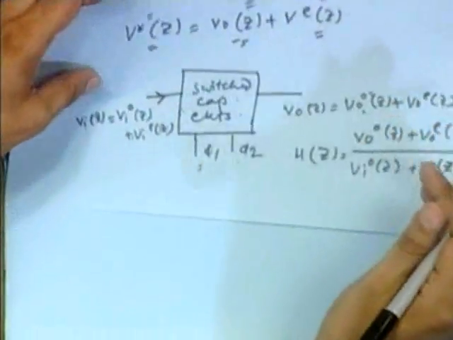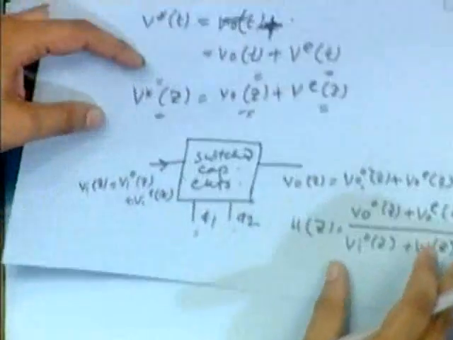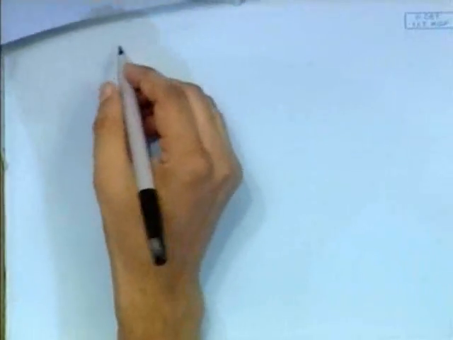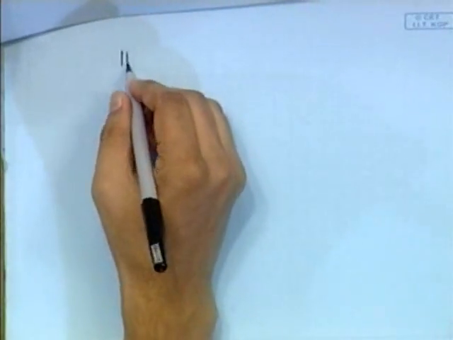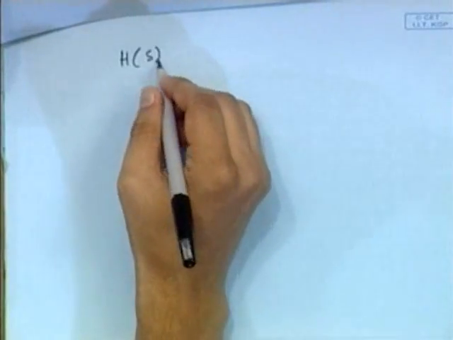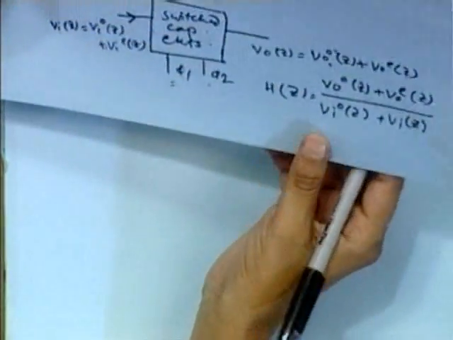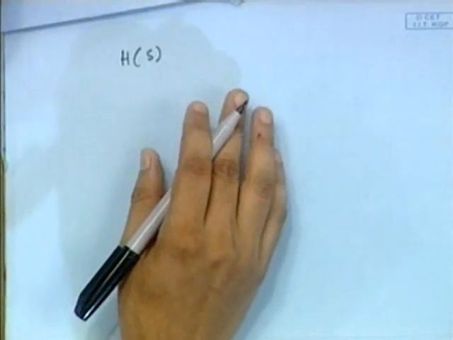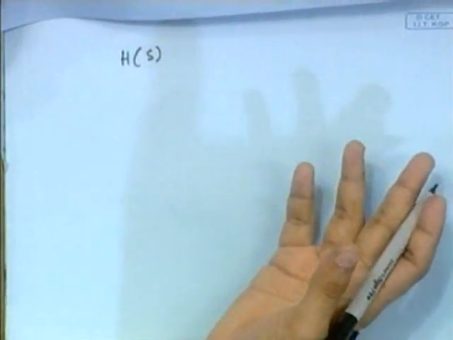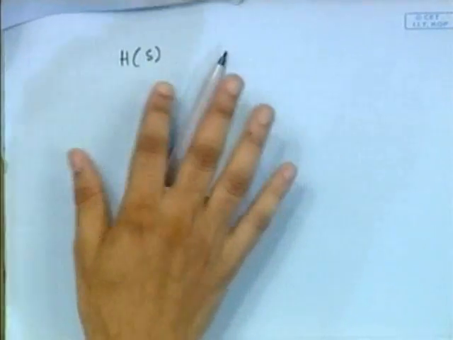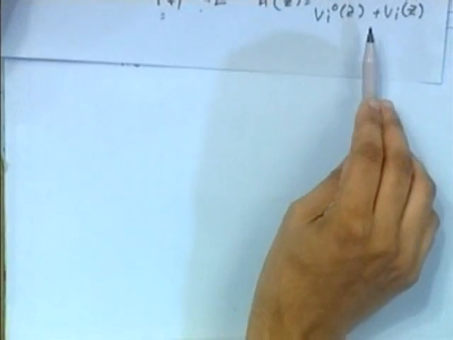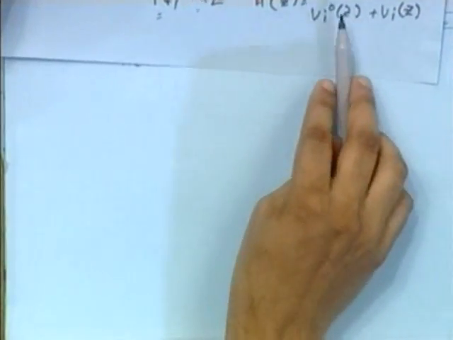For example, we have taken the phi 1 pulse and the phi 2 pulse for these cases, and for a continuous signal we use this function, H of s, in the S domain. Do you have any idea about the S domain? For a continuous signal we get the frequency response using the Laplace transformation, and for the sampled-data technique we get the frequency response using the Z domain. Now how do we map these two?